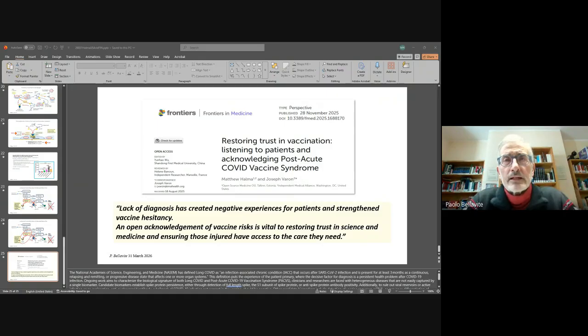But the other types of autoantibodies are found only in a few patients. So this is very, very important.